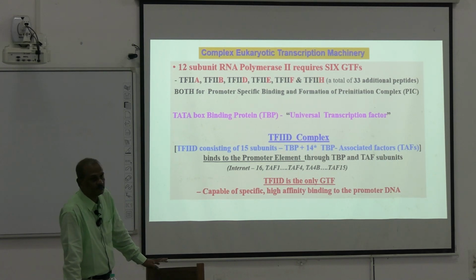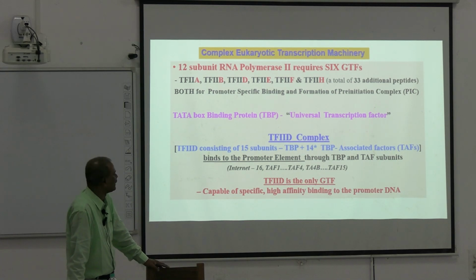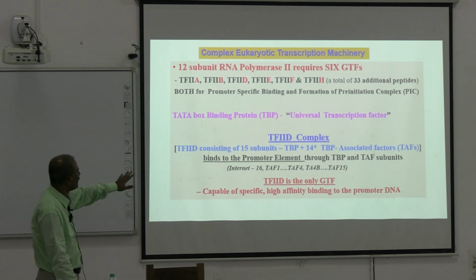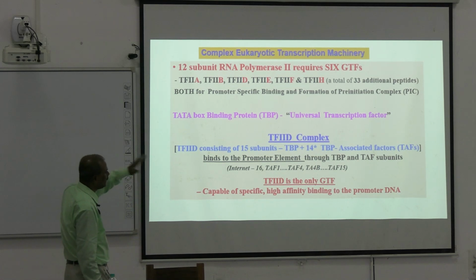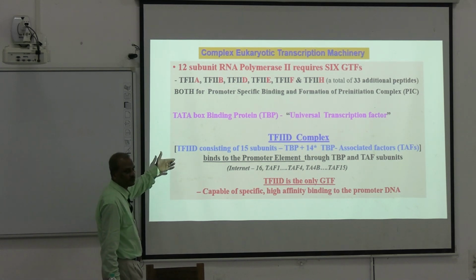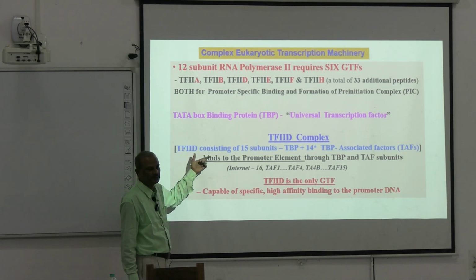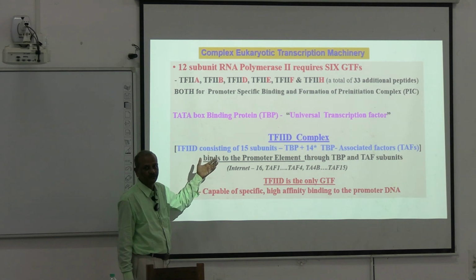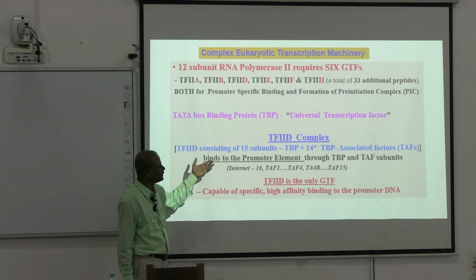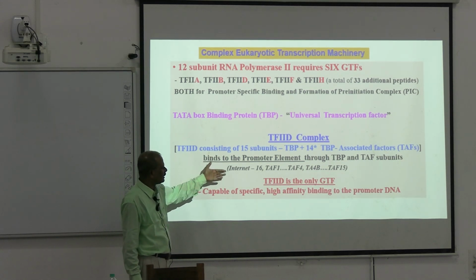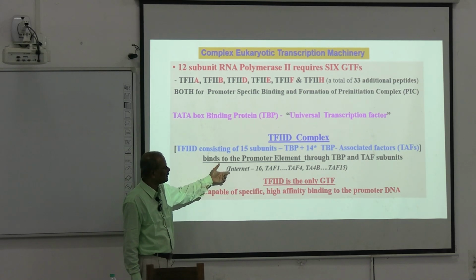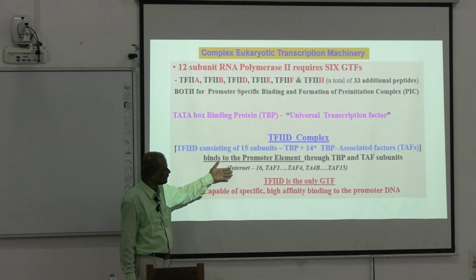The TATA-binding protein, TBP, is a universal transcription factor. I also explained that the TFIID complex consists of about 15 subunits: one is TBP and 14 are TAFs, transcription-associated factors. I checked it yesterday and the total number has increased.